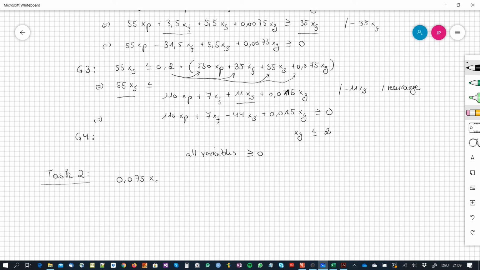0.075 xg. This shall be now at least 20% of overall taxes, so larger or equal to 0.2 multiplied by our overall taxes.